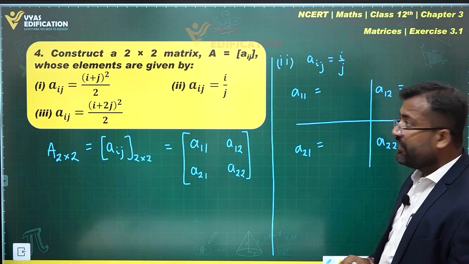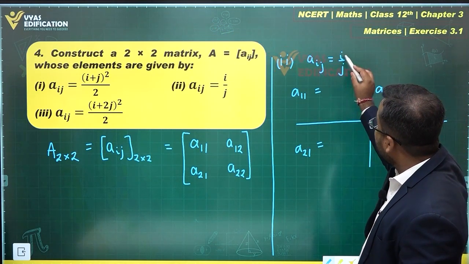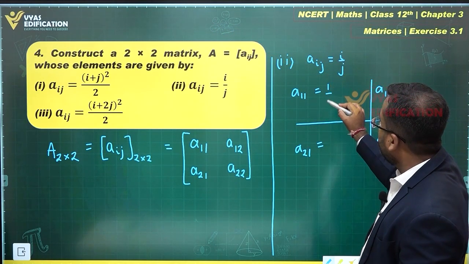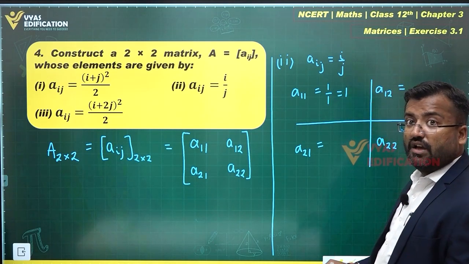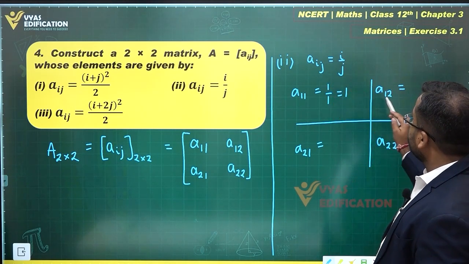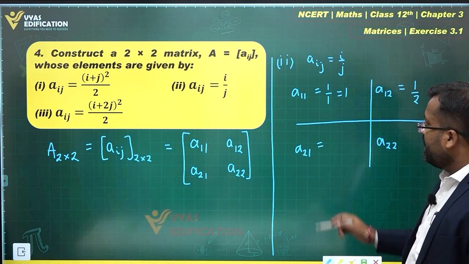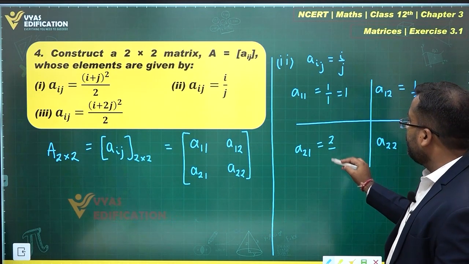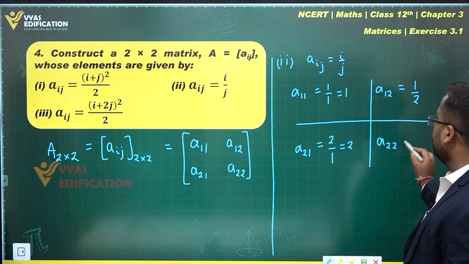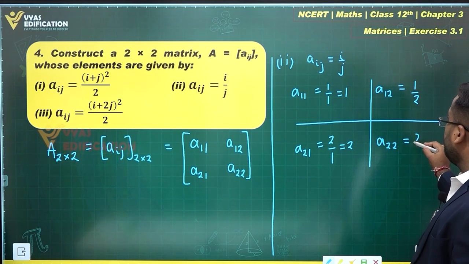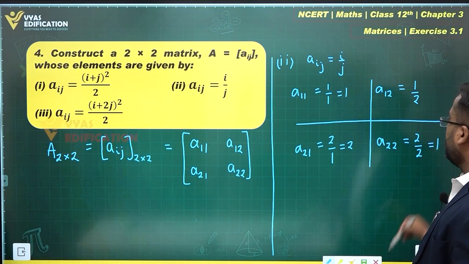Let's try to find them. A11 is i upon j, that is 1 upon 1, which is simply 1. A12 would be 1 upon 2. A21 would be 2 over 1, which is actually 2. A22 would be 2 over 2, which is simply 1.